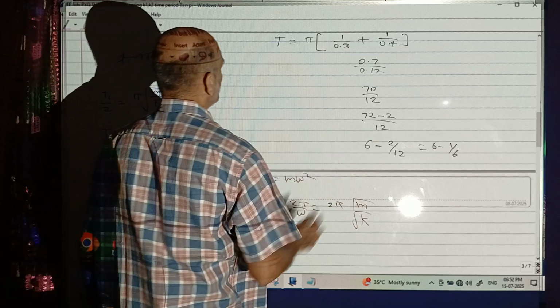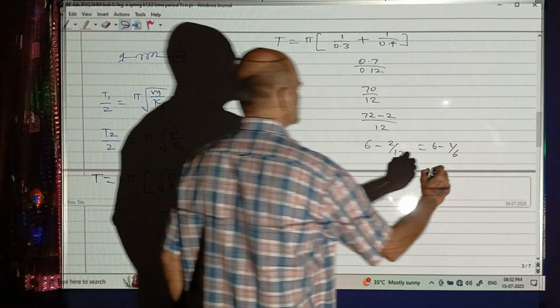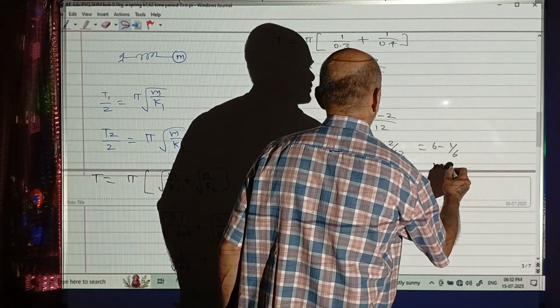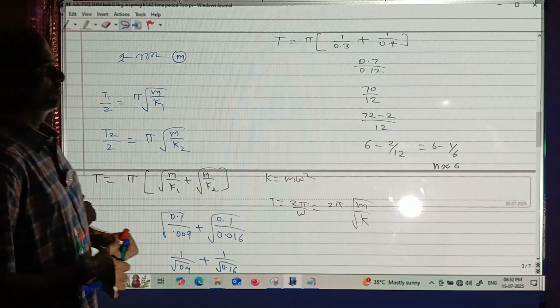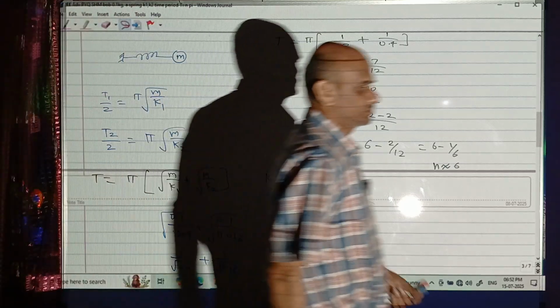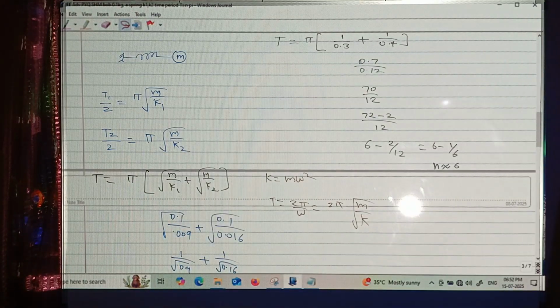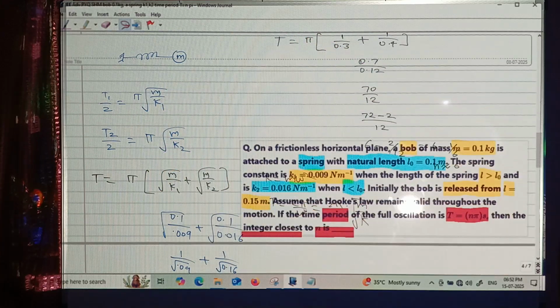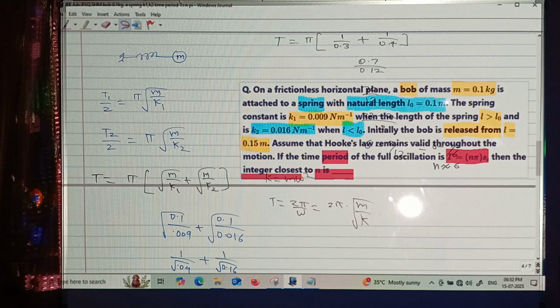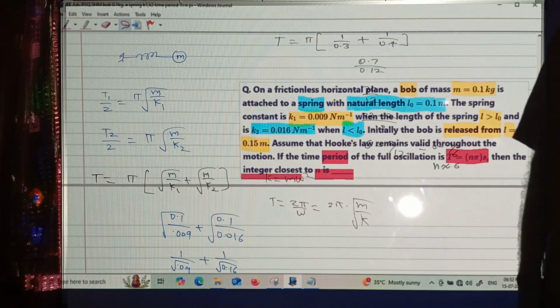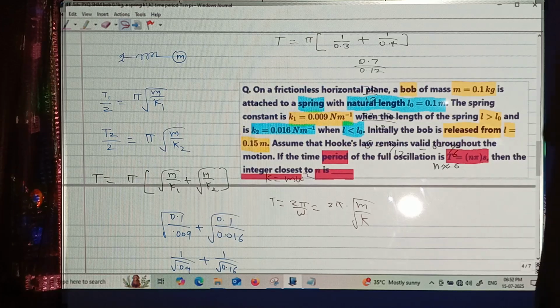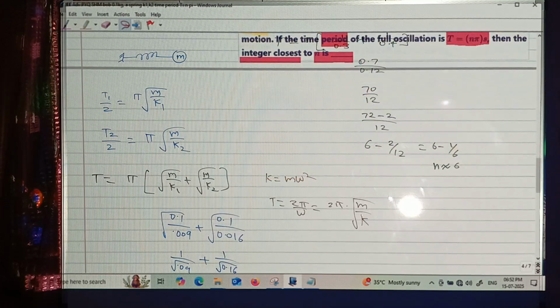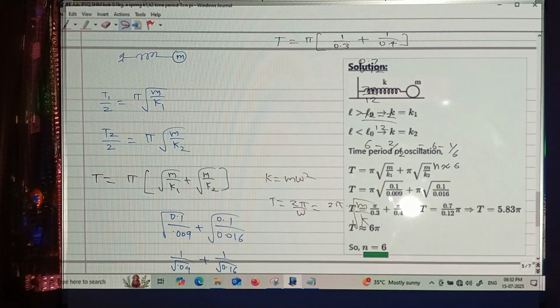So this is the value of n. So the closest integer, n is approximately 6. The time period of full oscillation is n pi seconds. We have to find n and the closest integer to it. So the closest integer is 6. 6 is the correct answer.